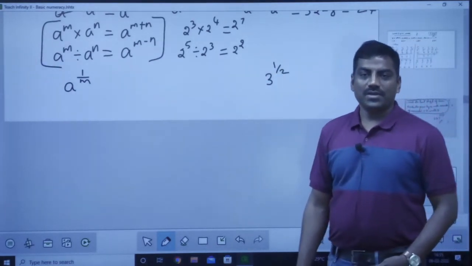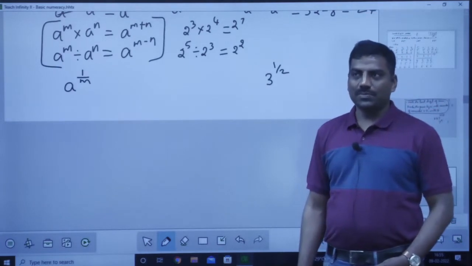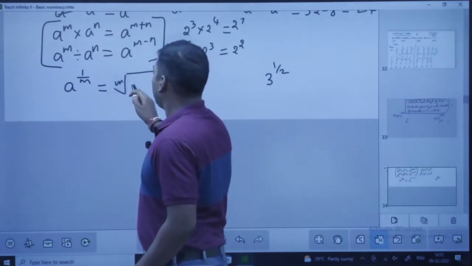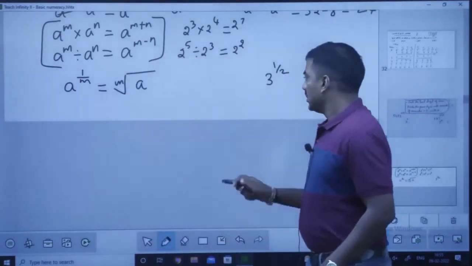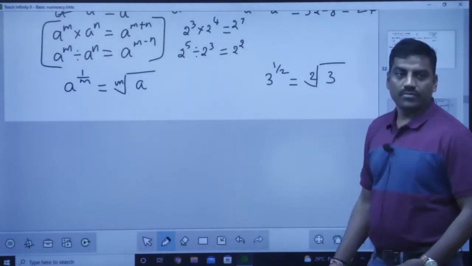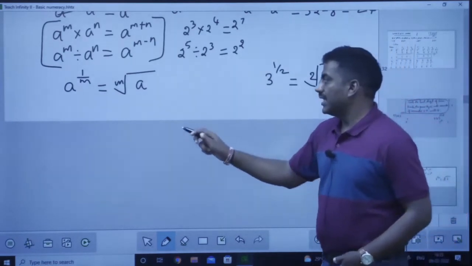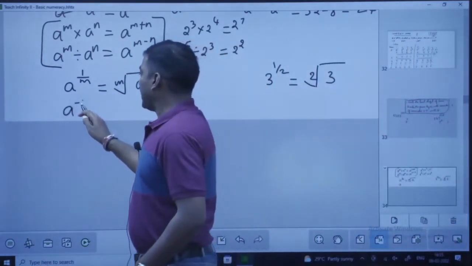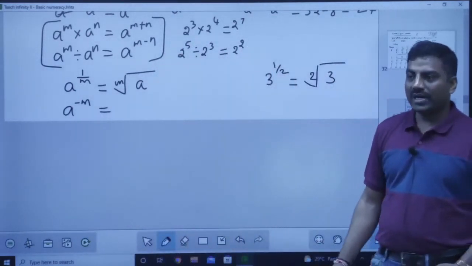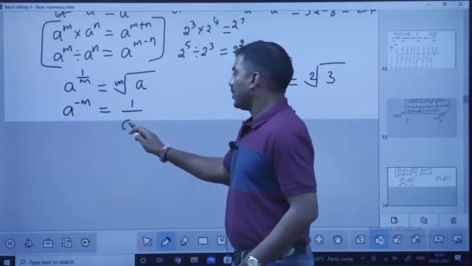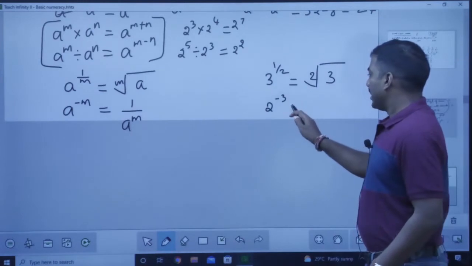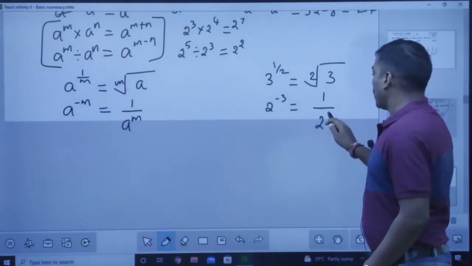When the power is in fraction, this is nothing but the mth root of a. This is nothing but the square root of 3. Understood? Then a to the power of minus m, how do you write it? Yeah, very good. 1 by a to the power of m. Example, 2 to the power of minus 3 means 1 divided by 2 to the power of 3.